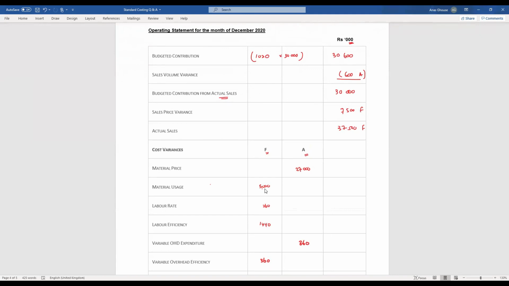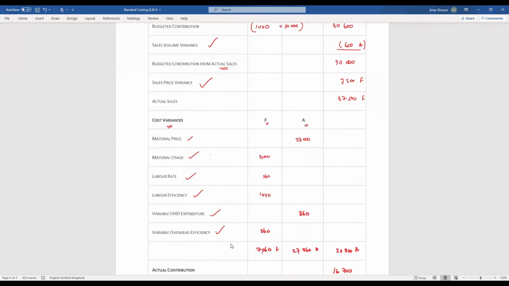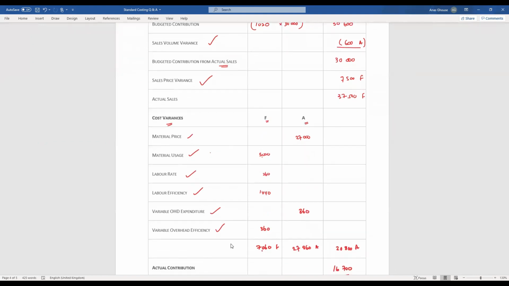We have considered the sales volume variance, then the sales price variance, then the cost variances: material price, usage, labor rate, labor efficiency, variable overhead expenditure, and variable overhead efficiency variances. Once you adjust this, you will arrive at your actual contribution. Okay, so this is how you prepare the operating statement.